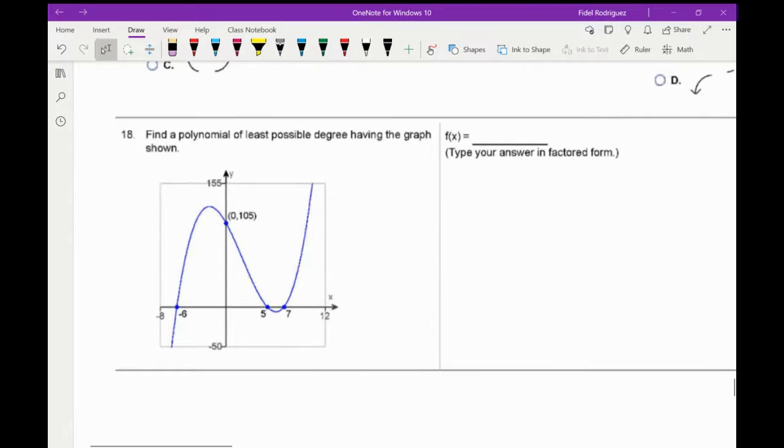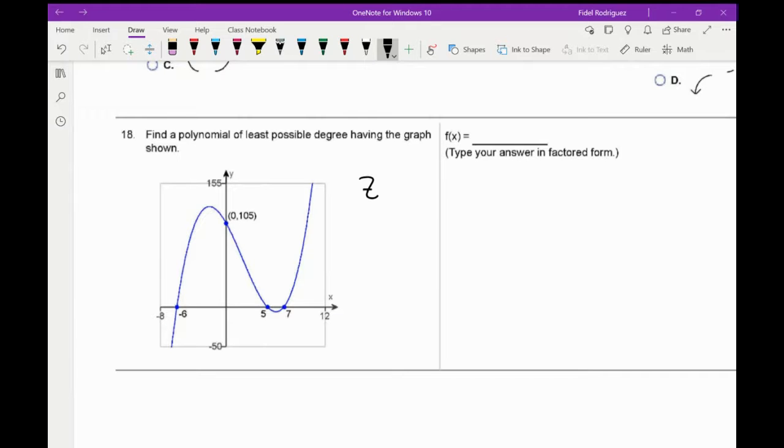Okay. So I want to point something out here, guys, about number 15 and number 18. Number 18 says, find a polynomial of least possible degree having the graph shown. Okay. So this problem, y'all, is very similar to number 15. The difference in 15 and 18 is 18 gives me the graph, right?